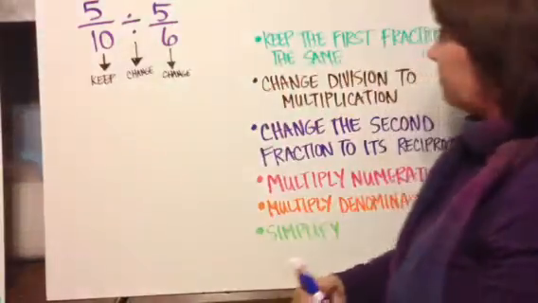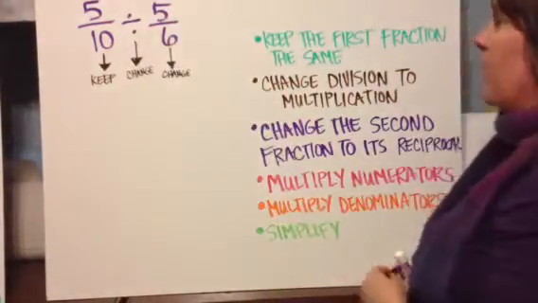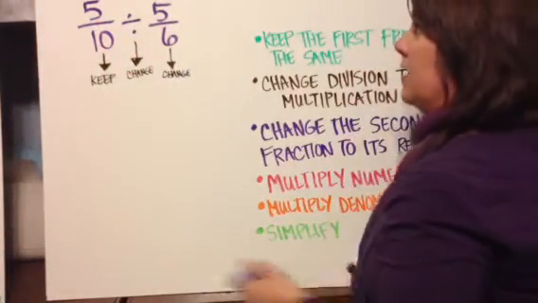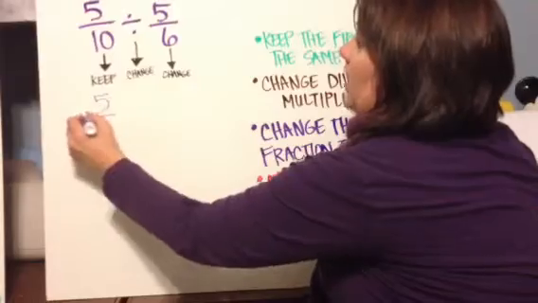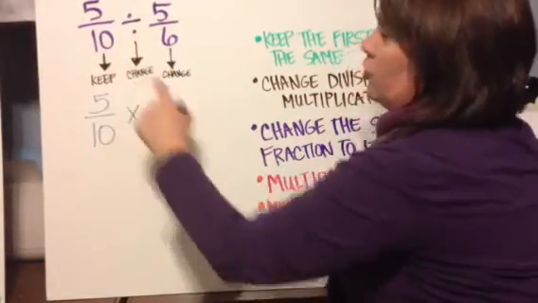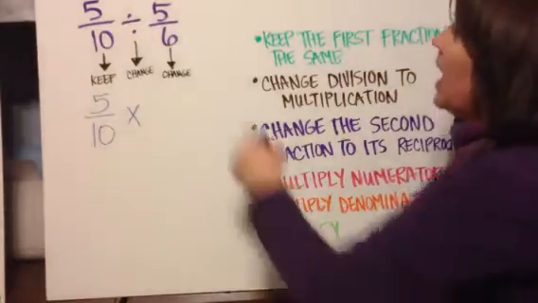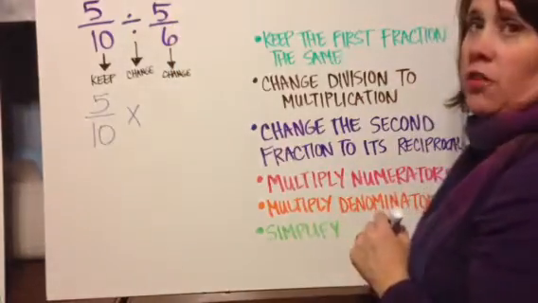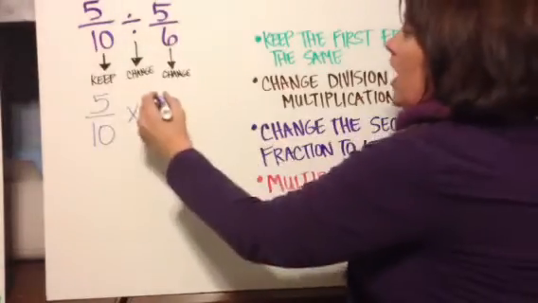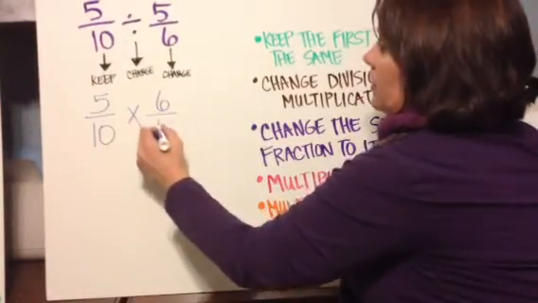Here's another one. 5/10 divided by 5/6. Keep the first fraction the same. That's the dividend. It stays 5/10. The division becomes multiplication, so I change the sign. And then the second fraction, the divisor, becomes its reciprocal, so I change 5/6 to 6/5.